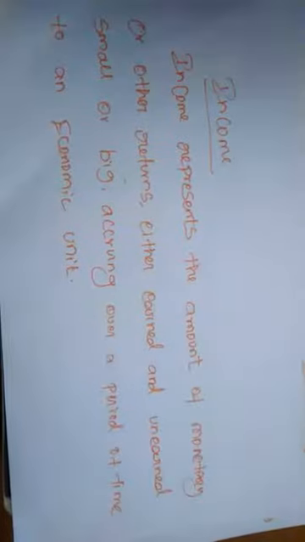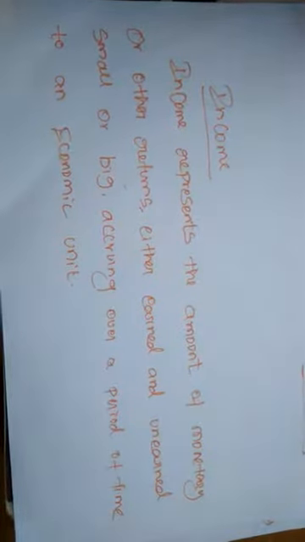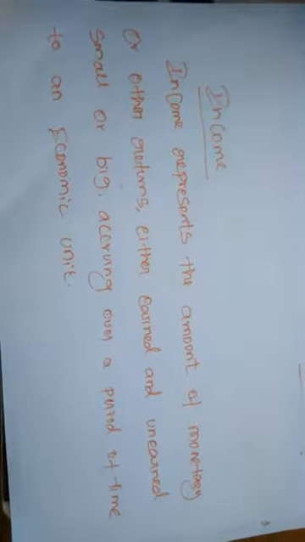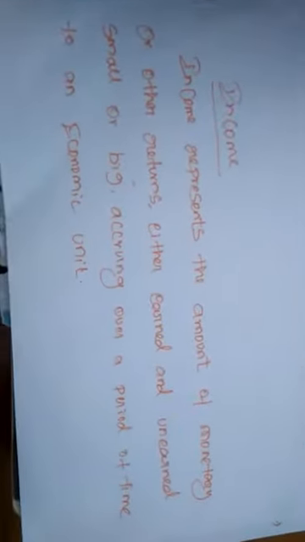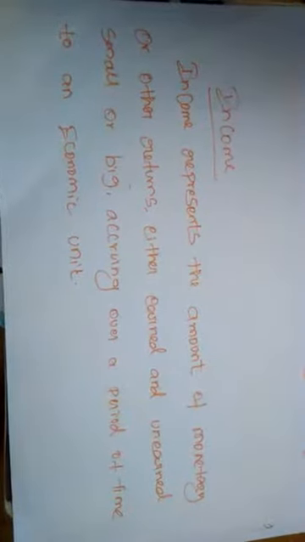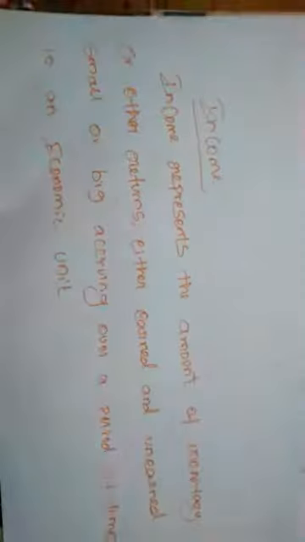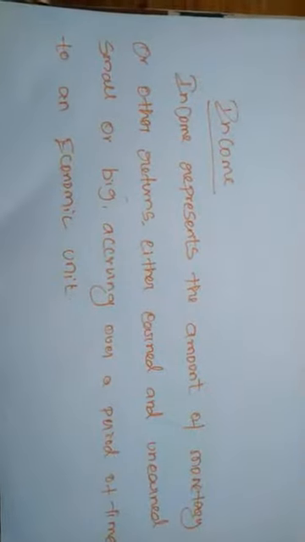When you have less income and can purchase more commodities, the purchasing power of your income is higher. And when you have more income and cannot purchase more commodities, your income is not of more value. So the real income is also related to the rate of inflation.